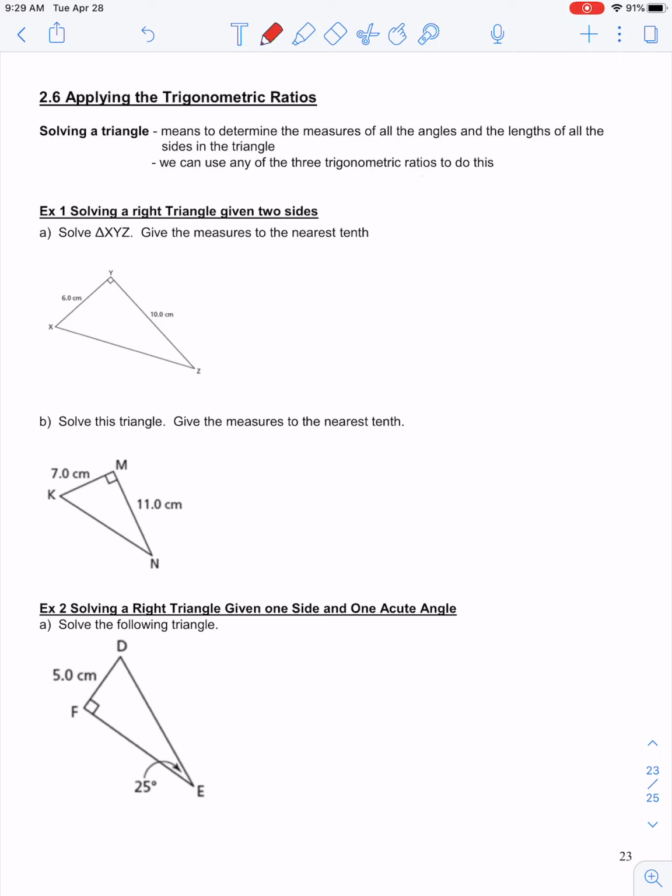The 3 trigonometric ratios, just to review, are: sine theta is equal to opposite over hypotenuse. Cos theta is equal to adjacent over hypotenuse.